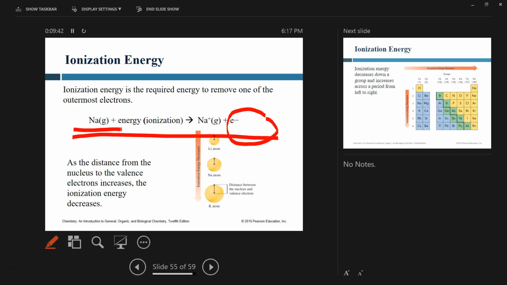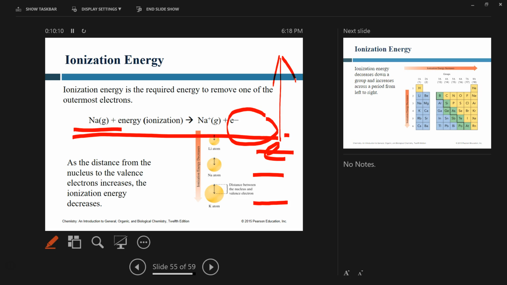Well, think about this. In sodium, you have 3 energy levels. On the outermost energy level, there is 1 electron. In order to get it away from sodium, you need to lift it even higher, so you need to give it some energy so it can move completely away.